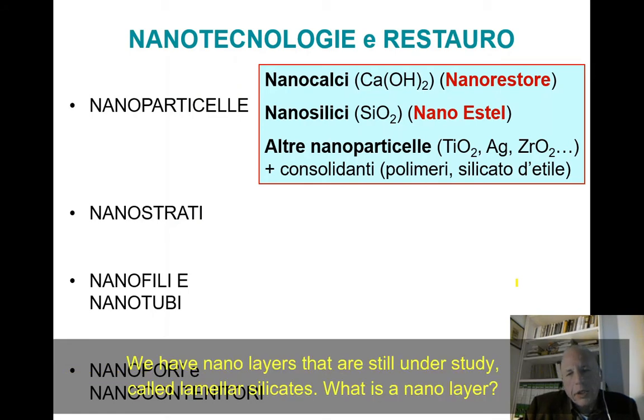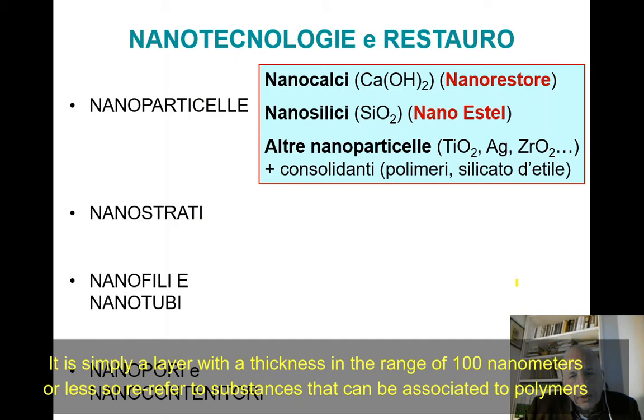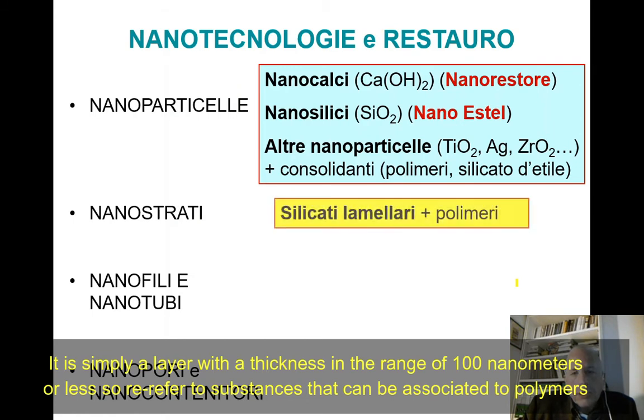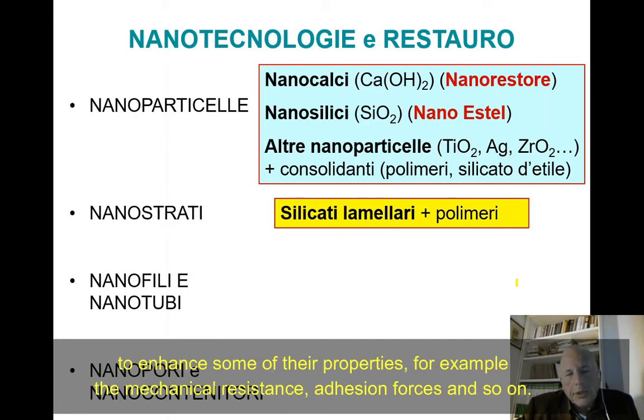We have nanolayers that are still under study called lamellar silicates. What is a nanolayer? It's a simple layer with a thickness in the range of 100 nanometers or less. We refer to substances that can be associated with polymers to enhance some of their properties, for example, the mechanical resistance, adhesion forces, and so on.